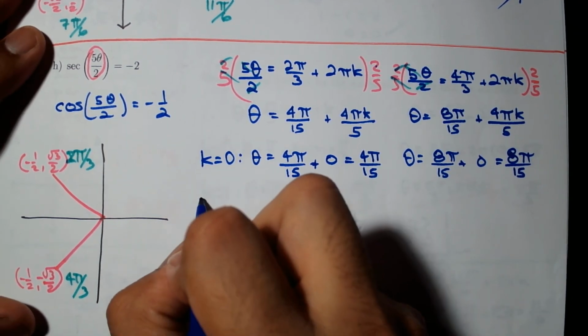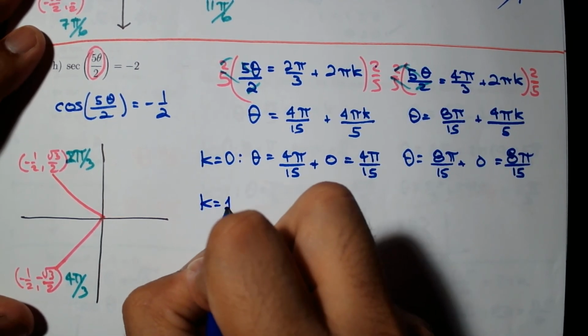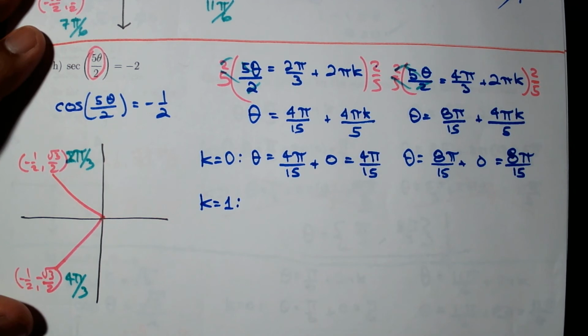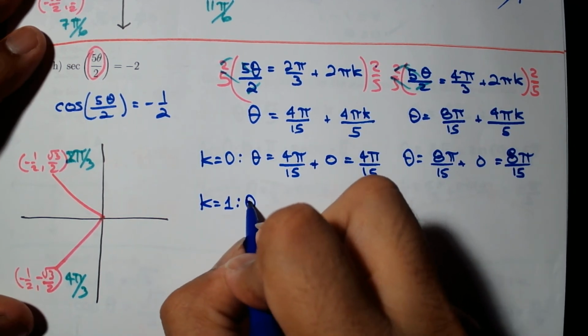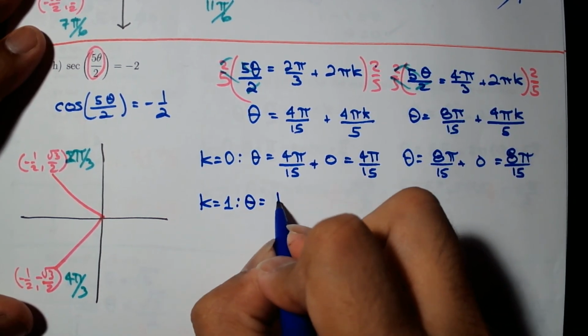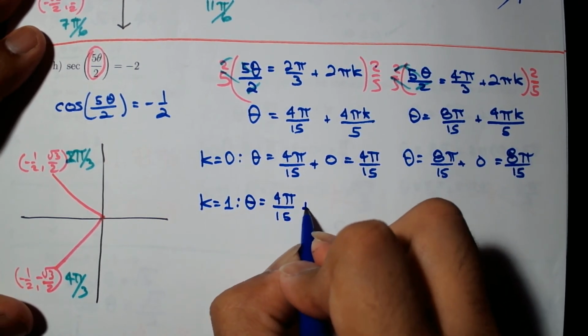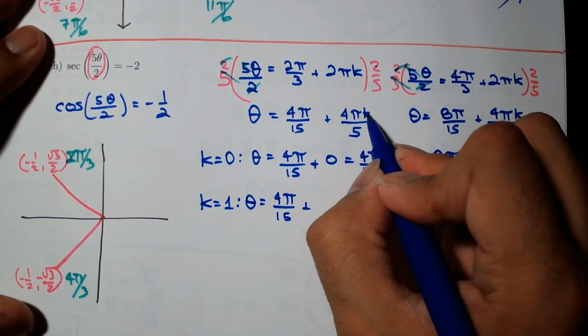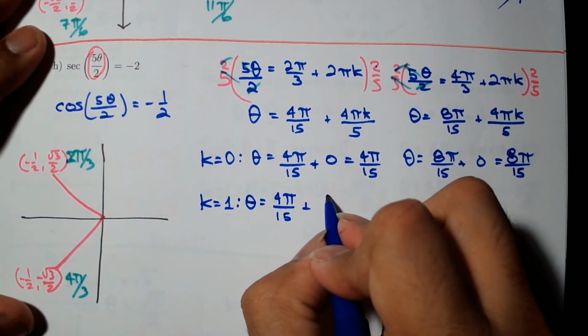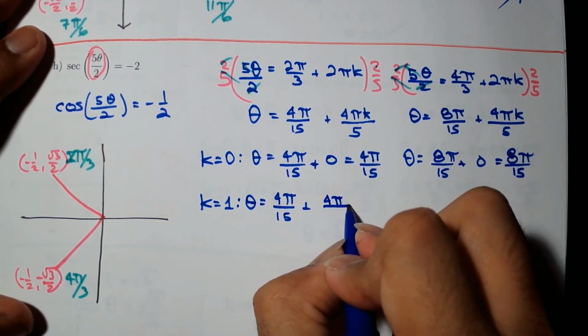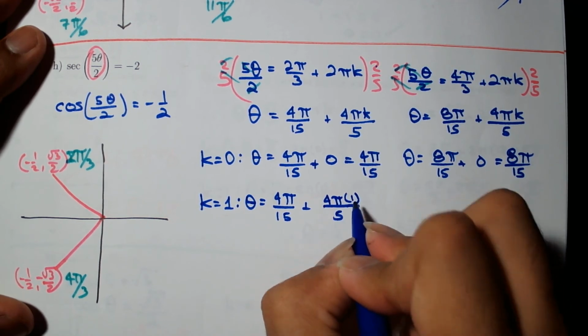Alright, k equals 1. K equals 1, well, this one is going to make us work a little bit, not much, plus plug in 1, 1 times 4 pi, that's a 4 pi. Let me put the 1.